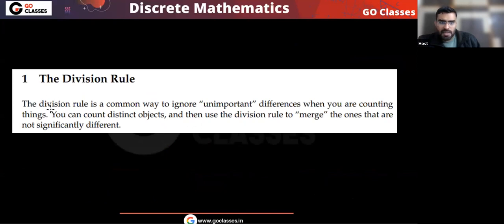Just think about it. The division principle is useful when you ignore the unimportant differences, and you find that the question has become easy. If you think that something was a little bit different, a small change makes your life beautiful, then you can use the division principle. So basically, when can we use the division principle?